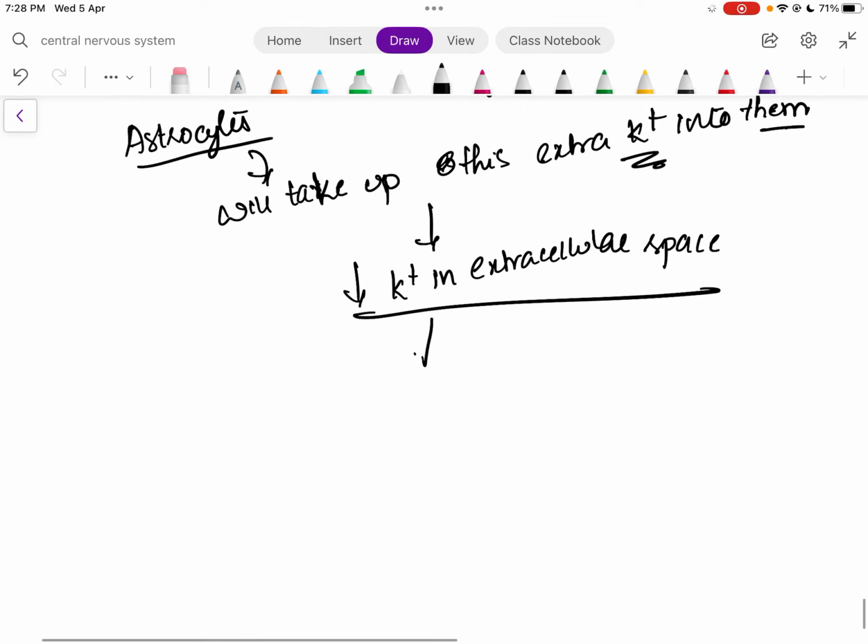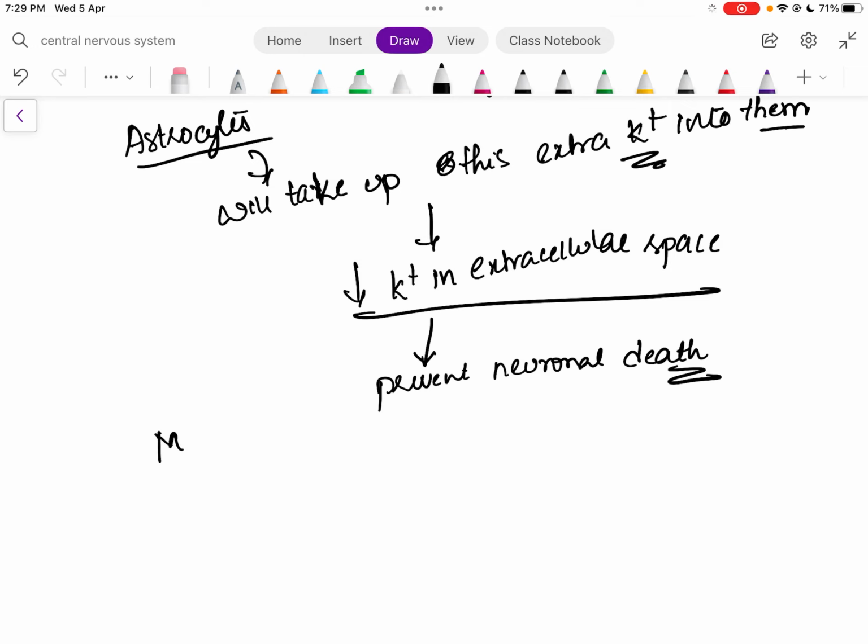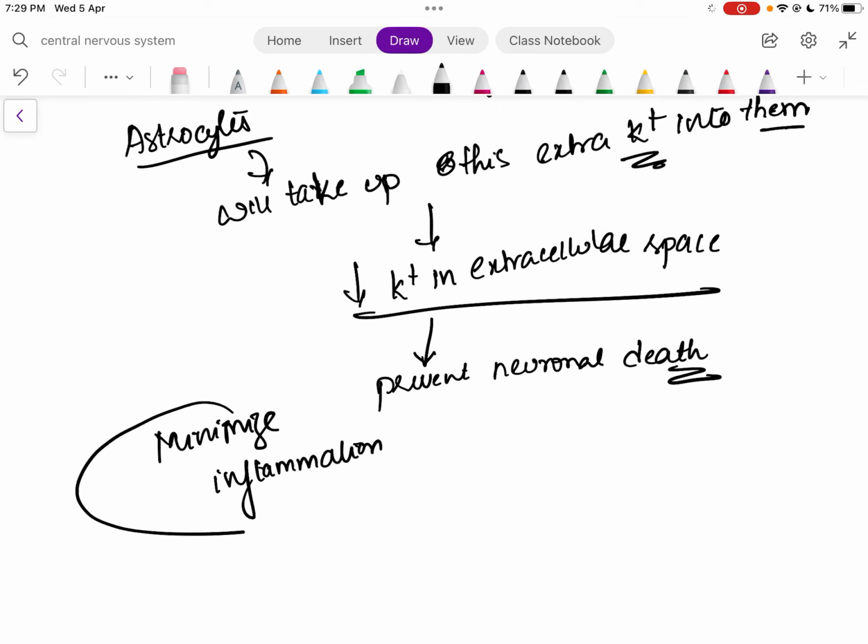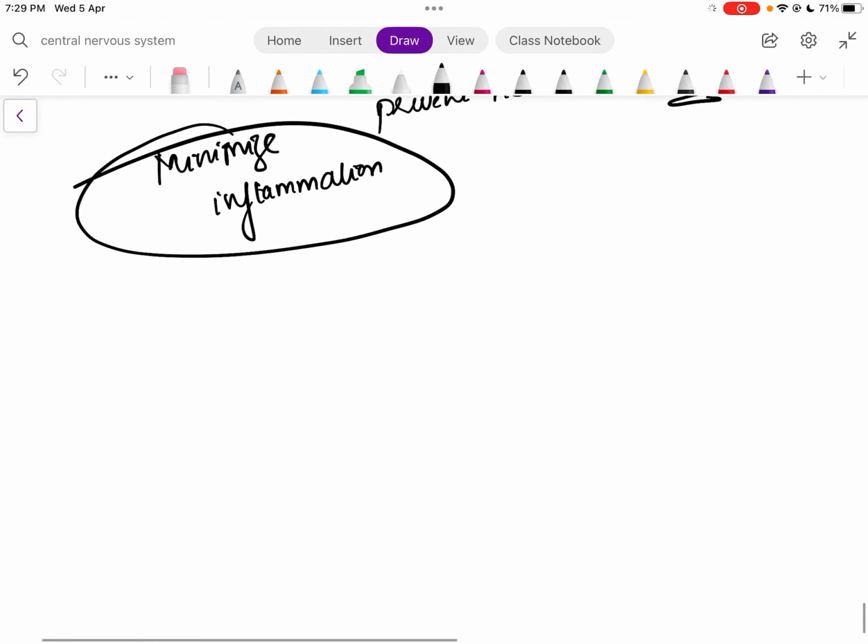The decrease in potassium in the extracellular space will prevent neuronal death. This is the function of astrocytes after injury. So they will minimize inflammation. This is the function of astrocytes.